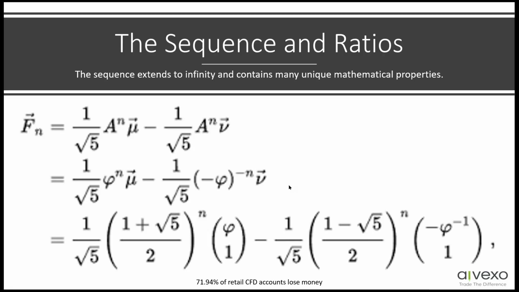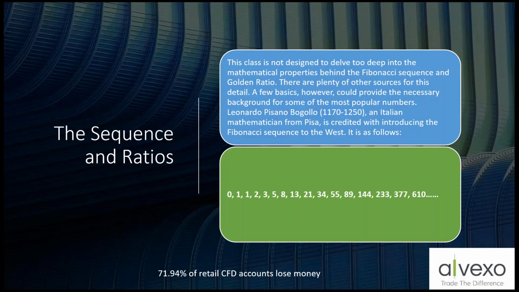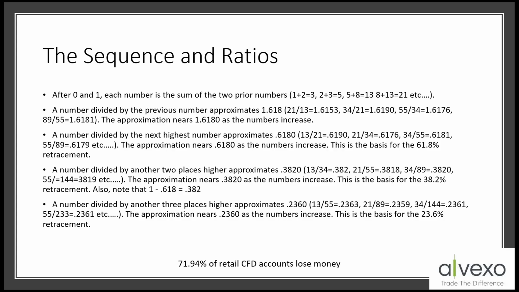But you have to understand how the sequence was converted into mathematical properties that now can apply to trading. So keep in mind that sequence of 0, 1, 1, 2, 3, 5, 8. Okay.